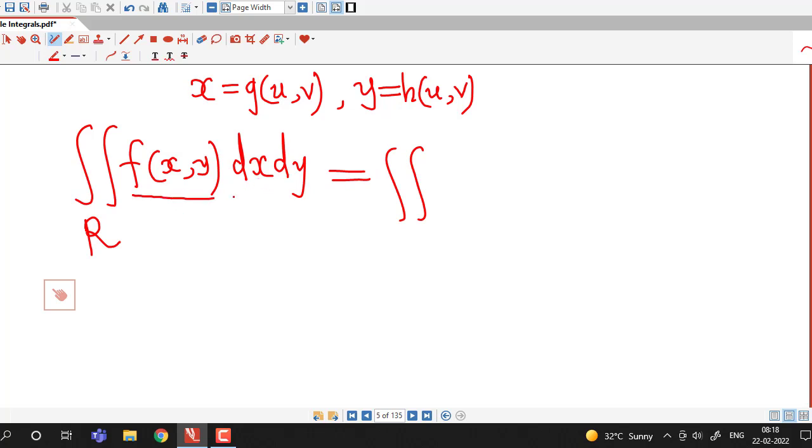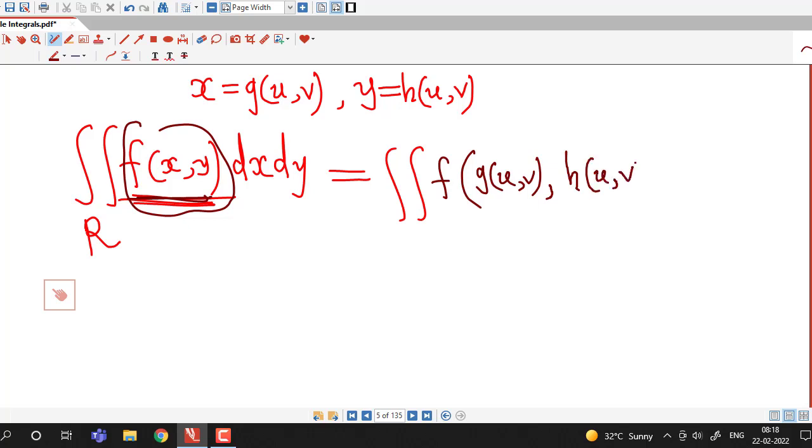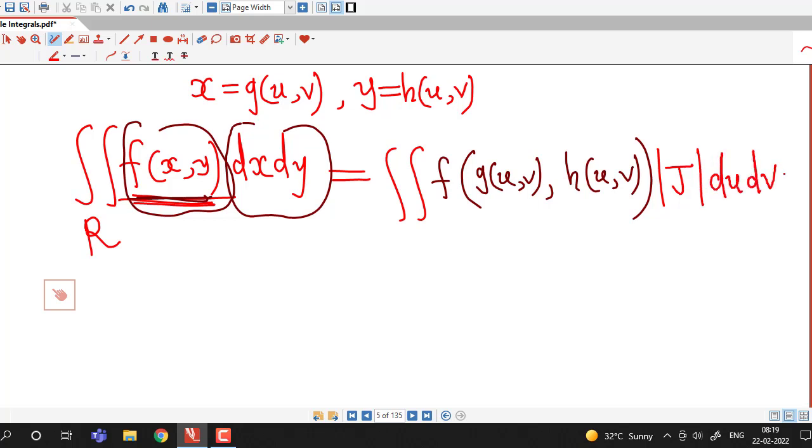So for that we have to convert everything in terms of u and v. So in the given function we will replace x by this function g of u, v, y by this function h of u, v, and this dx dy will be replaced by the absolute value of the Jacobian times du dv. So this is important, we will remember.